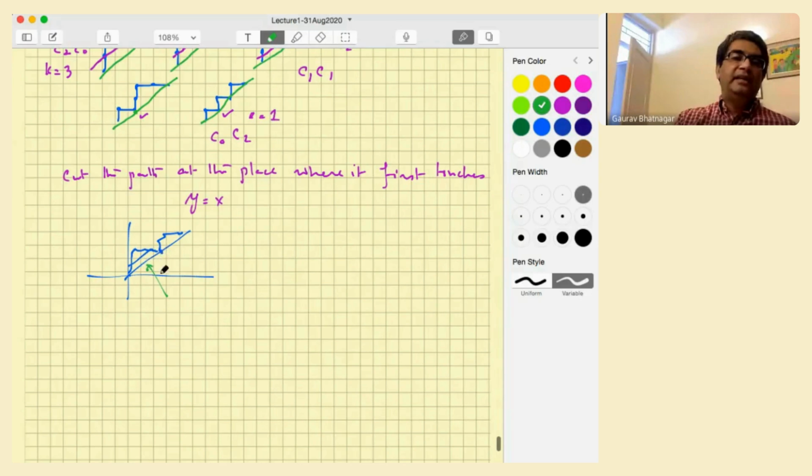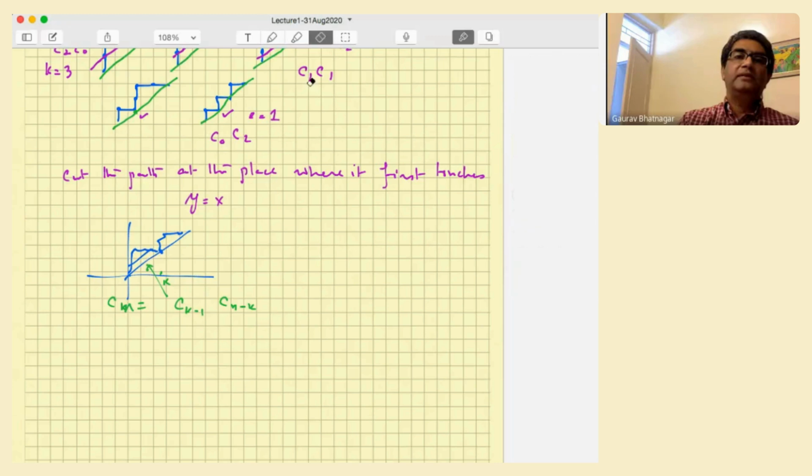If this is the kth point, then this part has C_{k-1} paths, because all these paths lie above this line, and these other guys are C_{n-k}, and this should give you C_n. So let me erase this.